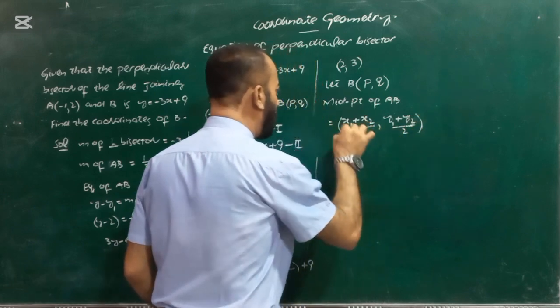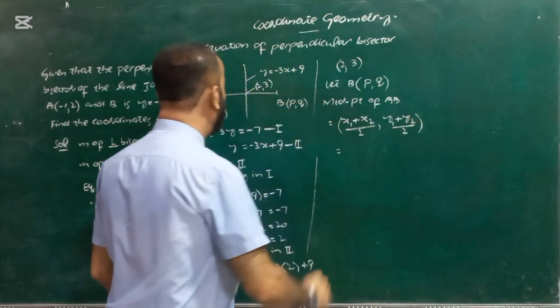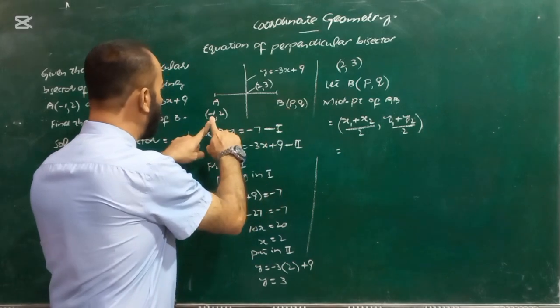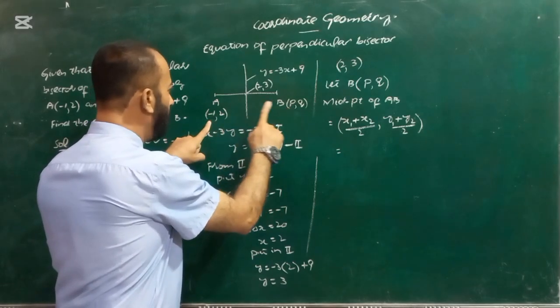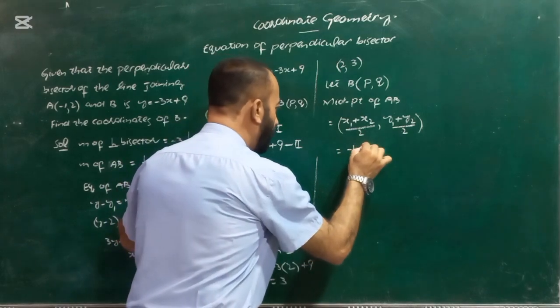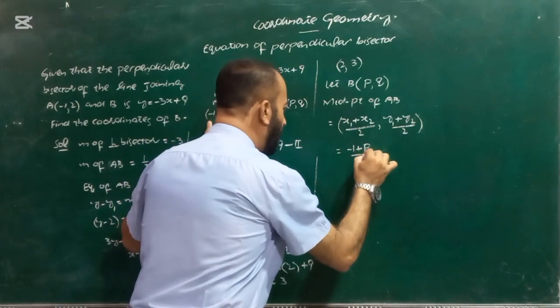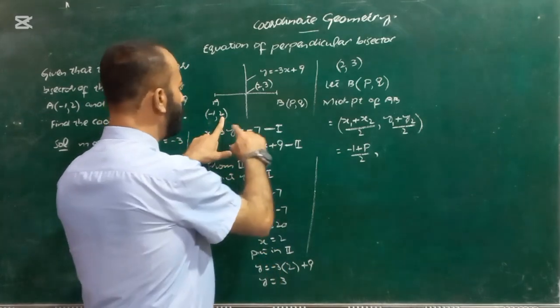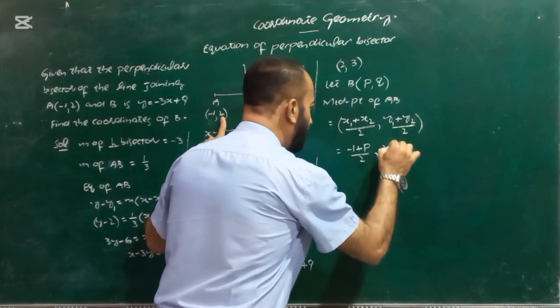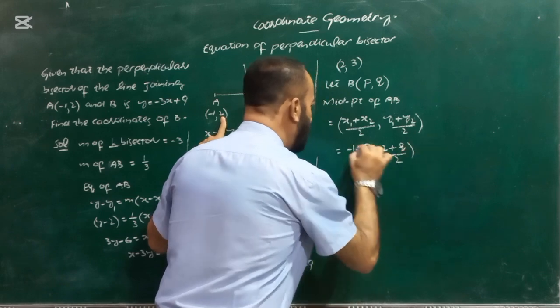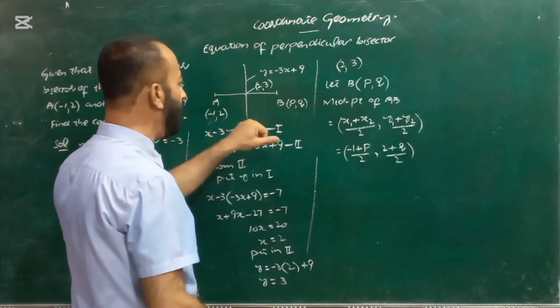So this is the formula for the midpoint. A is this point and B is this point. So x1 plus x2: minus 1 plus P divided by 2, and y1 plus y2: 2 plus Q divided by 2. So this is the midpoint of AB.